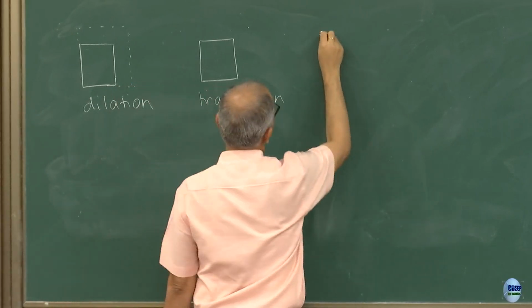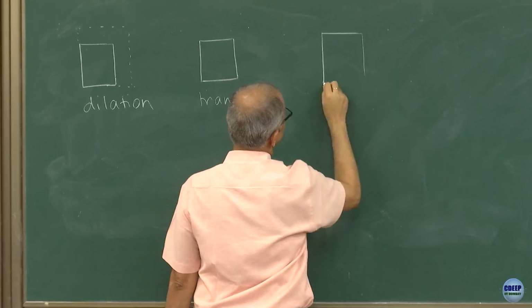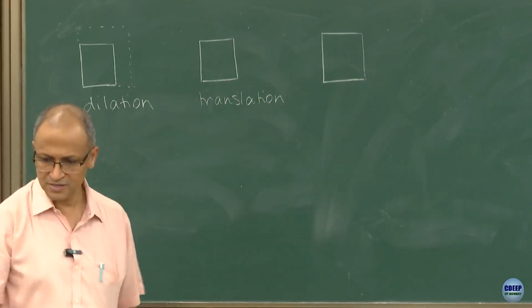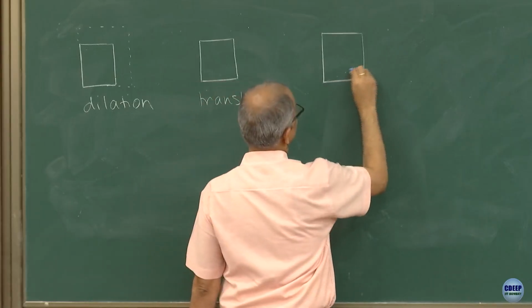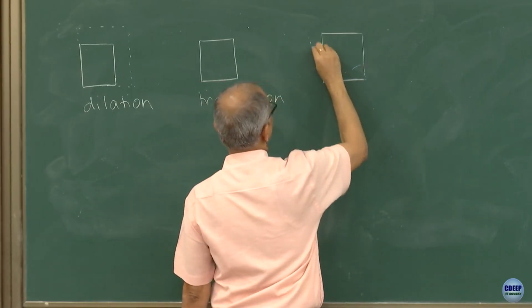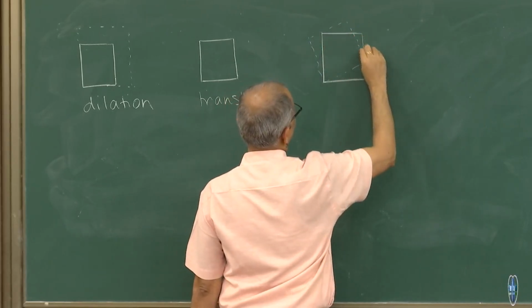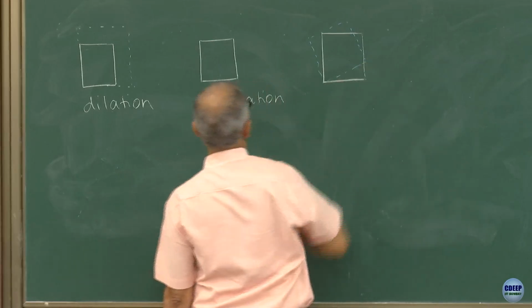Then it can also rotate. So this is my element, and after some time delta t, it just rotates and becomes like this.